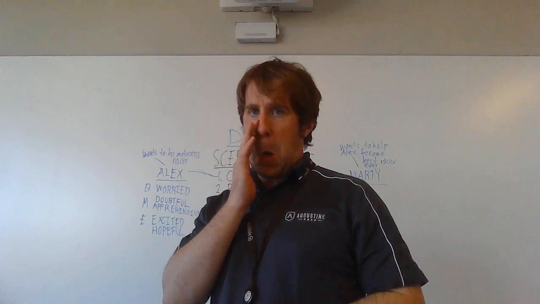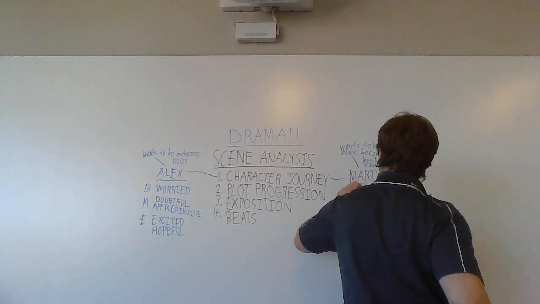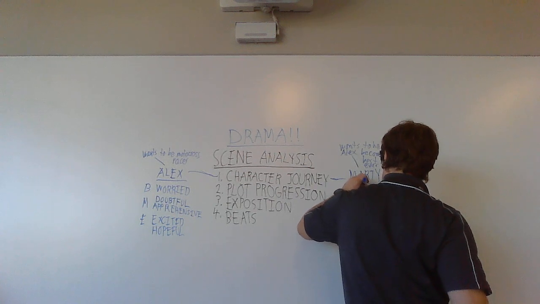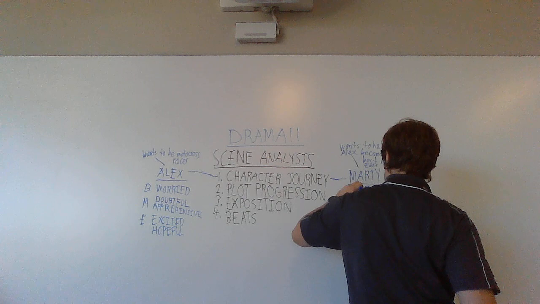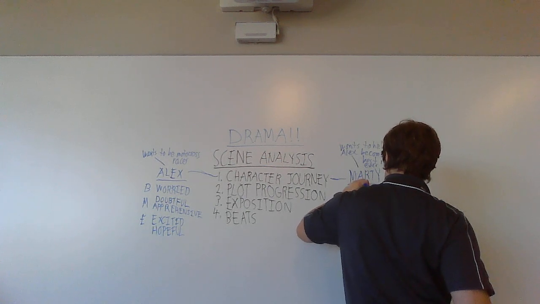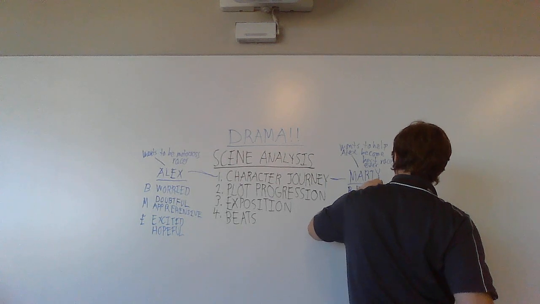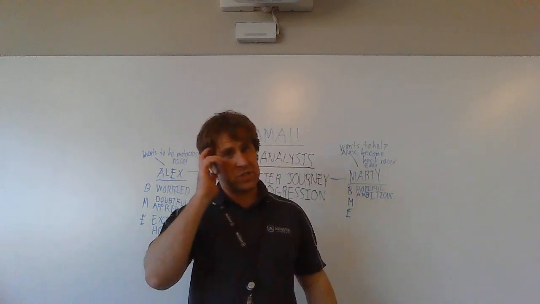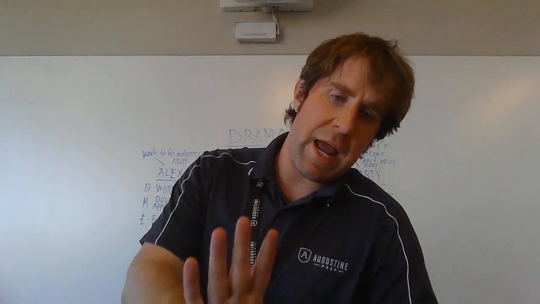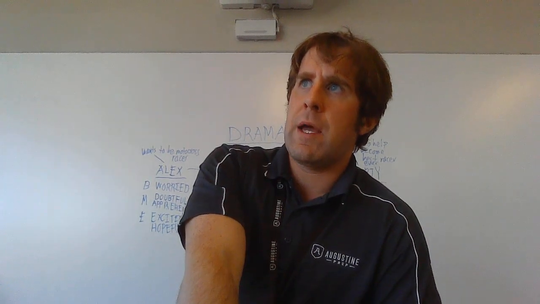So at the beginning, he's two things. He is hopeful. He really, really thinks that this can work. And he is, I'll put another big word up here, ambitious, right? And ambitious is a super big word.